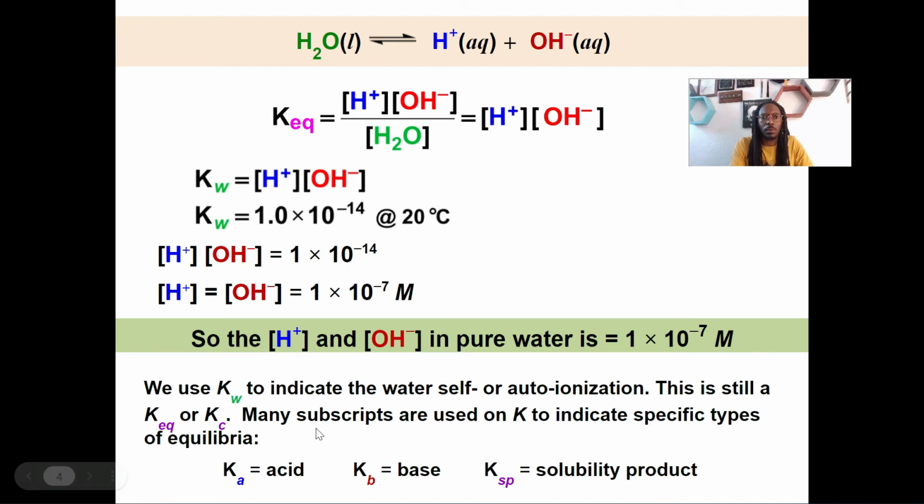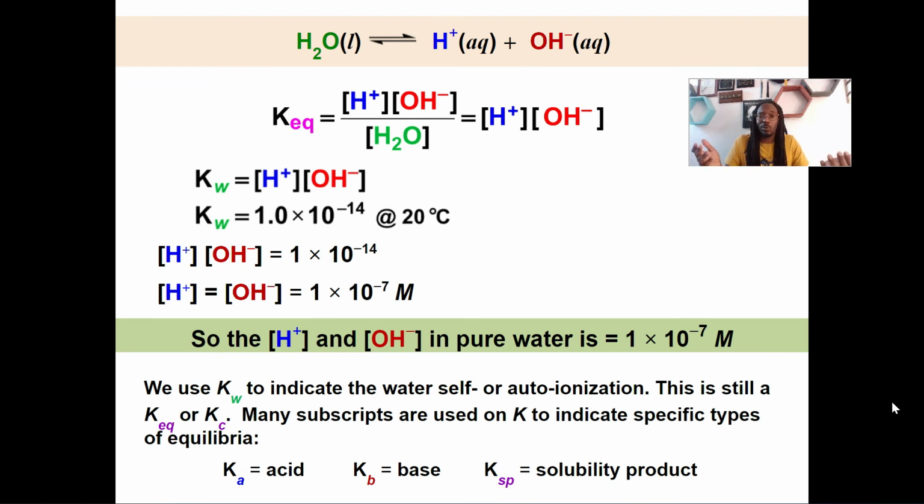Kw indicates water's self-ionization, or auto-ionization, which we talked about before: the concept of water being a conjugate acid and a conjugate base at the same time. But please understand, Kw is still K at the end of the day, just like Keq or Kc.